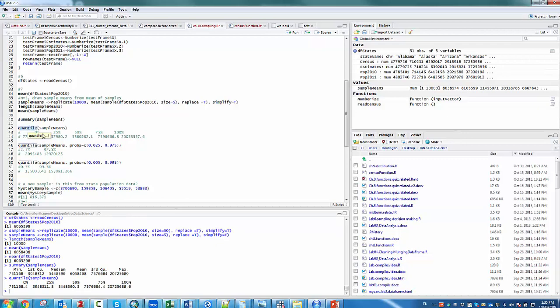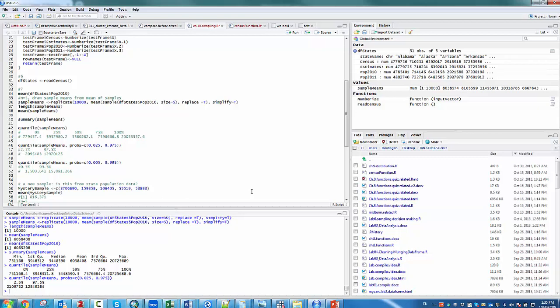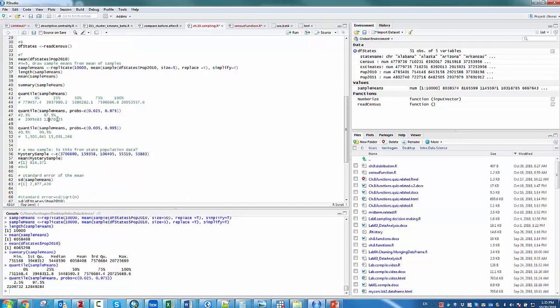The default is 0%, 25%, 50%, 75%, 100%, and you can change which percentiles you want to show by using these arguments. You can create the 2.5 percentile, which is between 2 million and 12 million. So you can create this quantile.